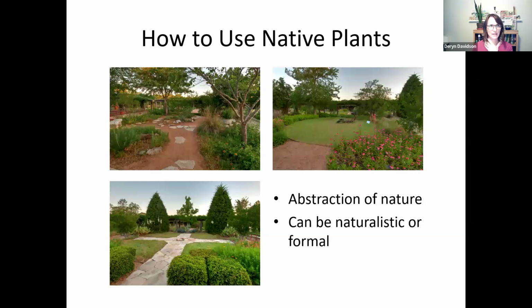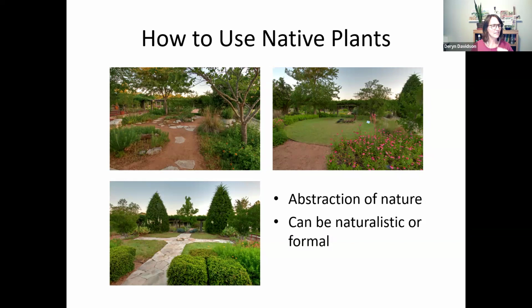And so again, that brings us back to how do we use native plants? So when we're gardening, we're always creating this abstraction of nature. It's not exactly like what you would see out on a hike or in a forest, but it's some sort of abstraction of that. It can be very naturalistic, like the picture in the upper left.